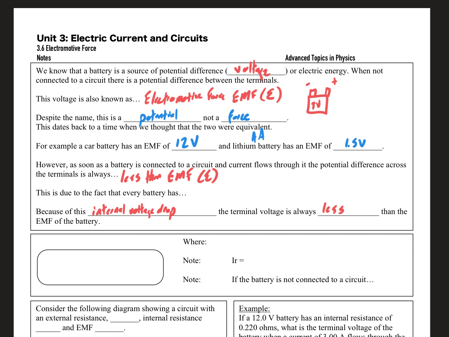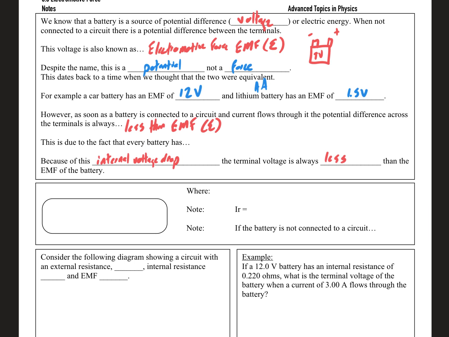There's a bit of Ohm's law that we have to use, but the equation is pretty straightforward. The terminal voltage is going to be the electromotive force minus I times R: V = ε − Ir, where ε is the EMF, V is the terminal voltage, and r is the internal resistance of the battery.